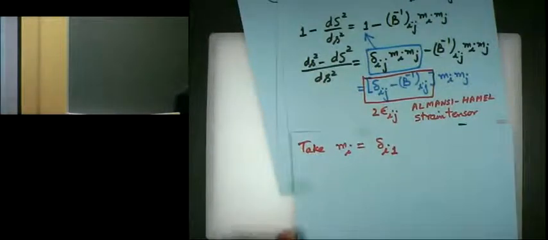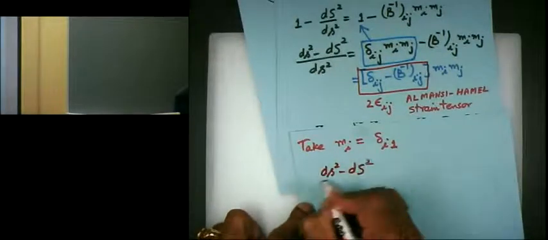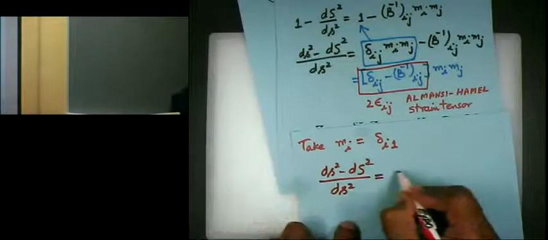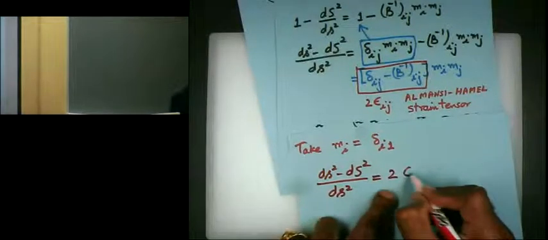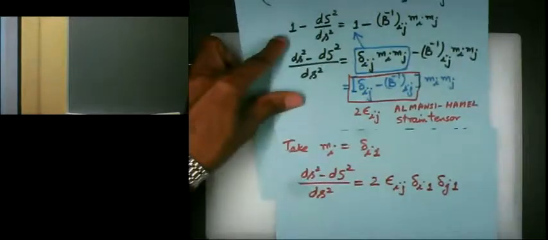So we get ds square minus dS square over ds square equal to twice epsilon ij delta I1 delta J1, because we have mi mj, so mi is delta I1, mj is delta J1.